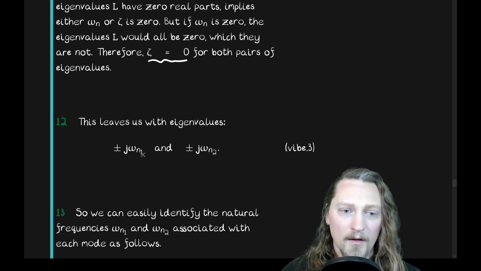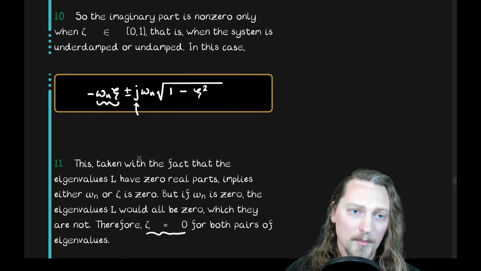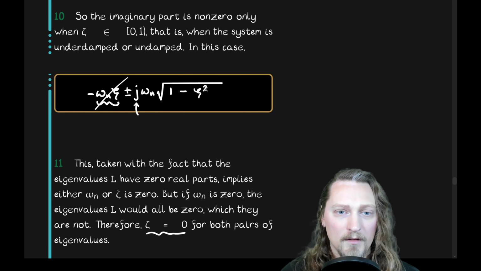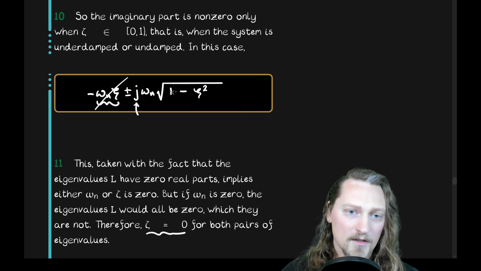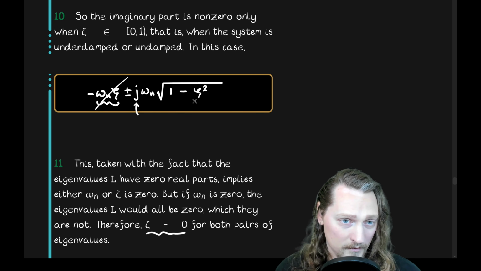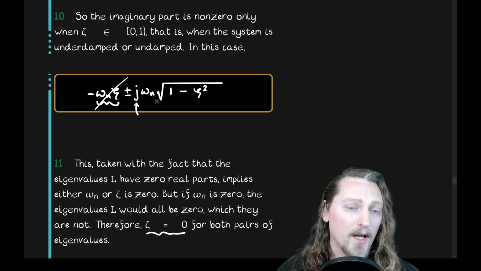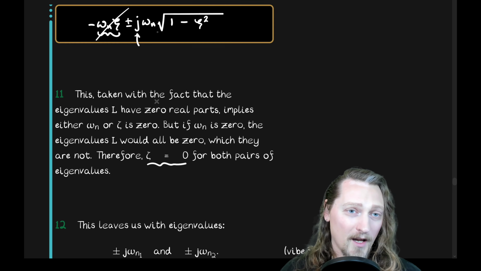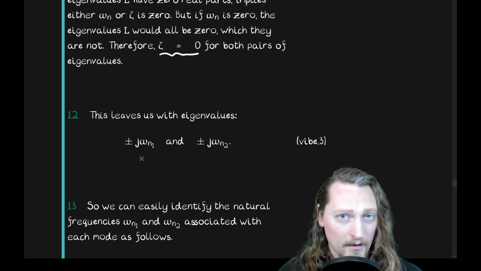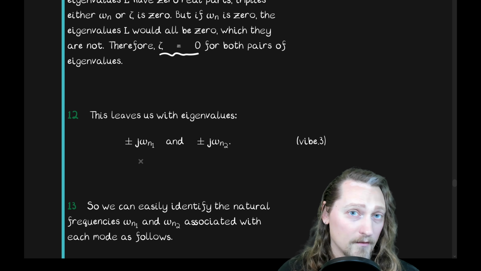So if zeta is 0, coming back up here, this part is 0, and this part is the square root of 1 minus 0, which is just 1, plus or minus j omega n, and we have one of those for each pair of our complex conjugate eigenvalues.